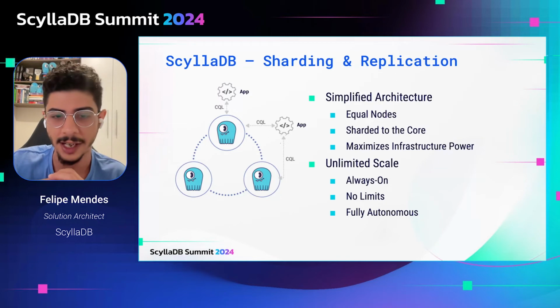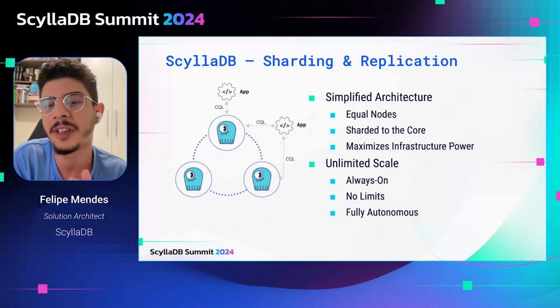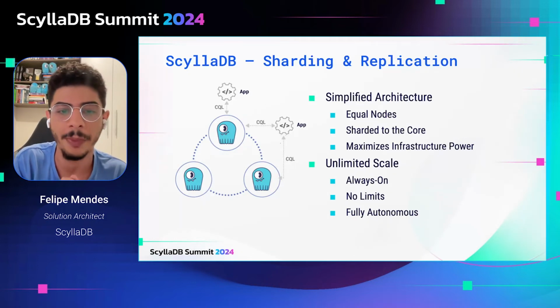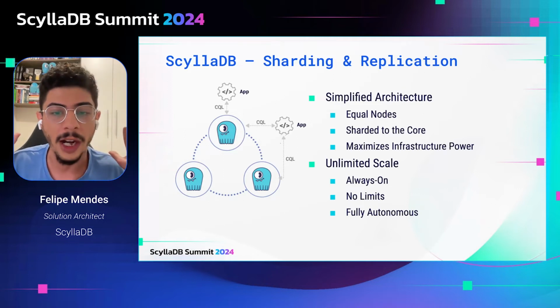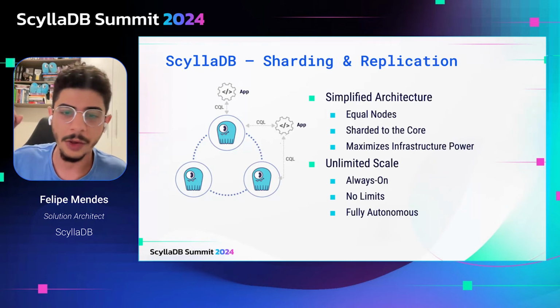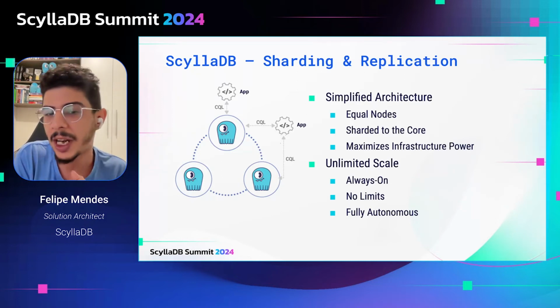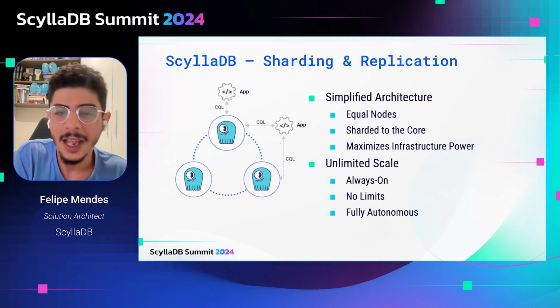The ScyllaDB architecture was made from the ground up to scale indefinitely and support non-stop mission-critical operations. For example, if you need more capacity, then guess what you have to do? You just go ahead and you add more nodes. That's simple. Really, there is nothing else to speak about it.